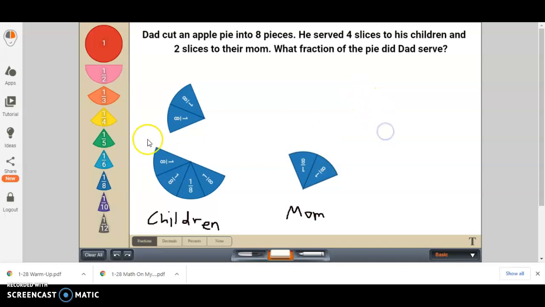Now, let's see. So we served 4/8, right? Because we have 1, 2, 3, 4 eighths for the children. How much did we serve Mom? That's right, 2/8.